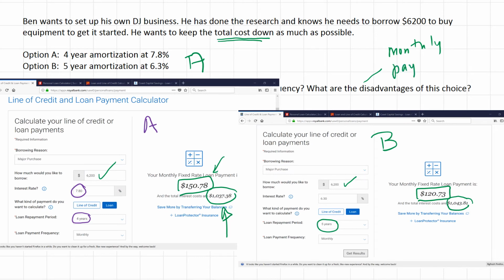Payments will be what, $150 to $120, about $30 more. The disadvantage is that, well, I guess that's the only disadvantage, so that he's paying a higher monthly rate.